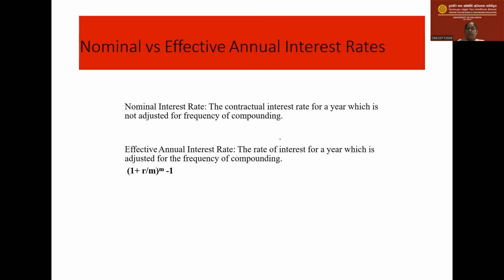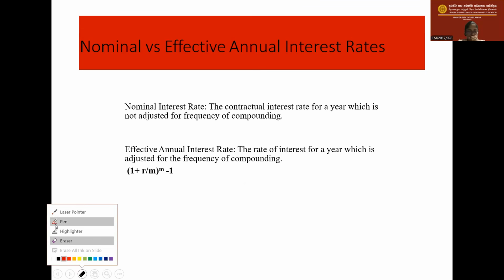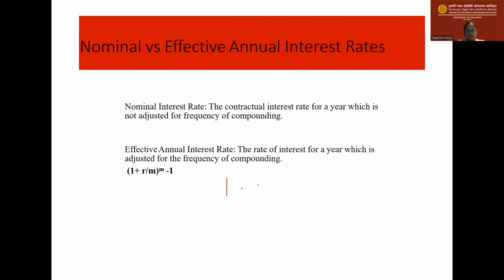When it comes to the EAR formula, it is 1 plus R divided by M, all to the power of M, minus 1. Sorry, my cursor is not fixed.